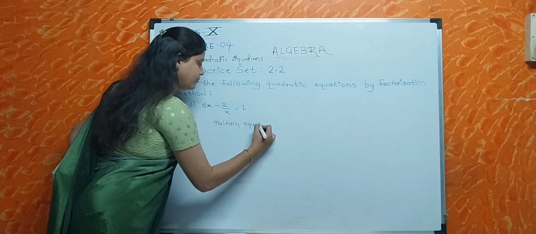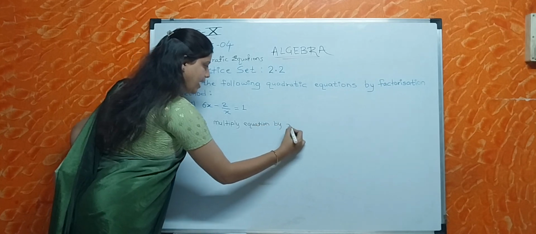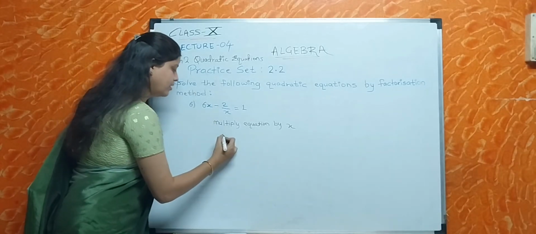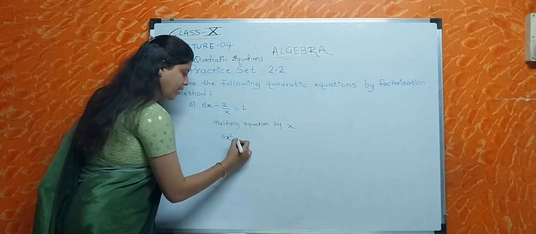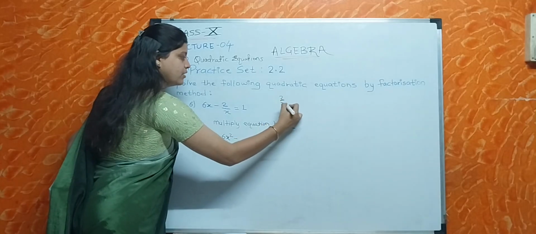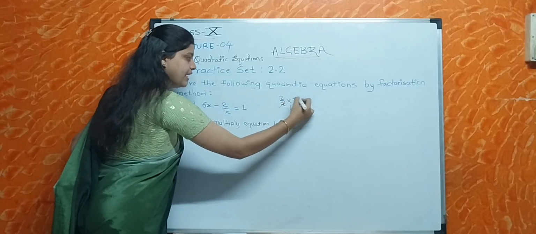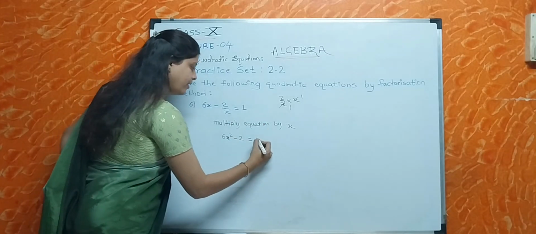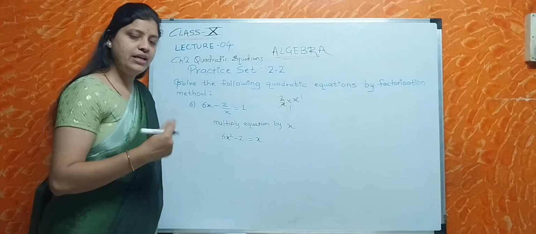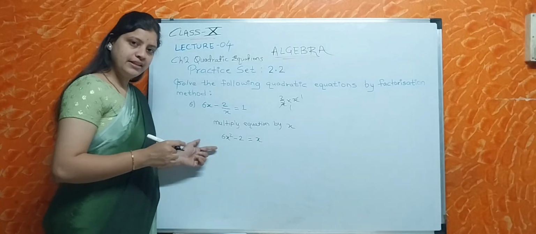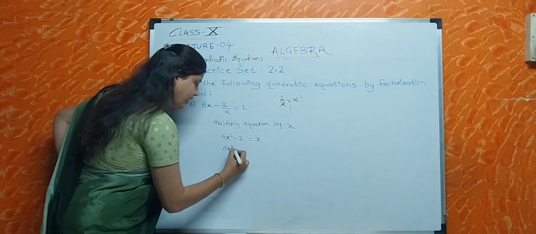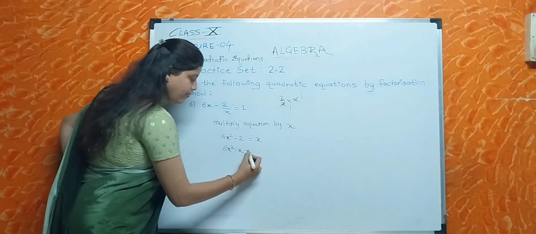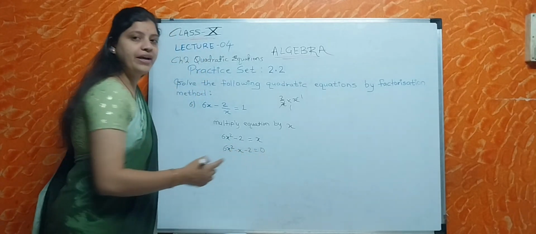Now see, 6x into x, 6x square, minus 2 upon x into x, x and x cancel, so we get 2, is equal to 1 into x, that is x. Shift this x to this side. So 6x square, this plus x goes here and becomes minus x, and minus 2 is equal to 0. This is our required equation.